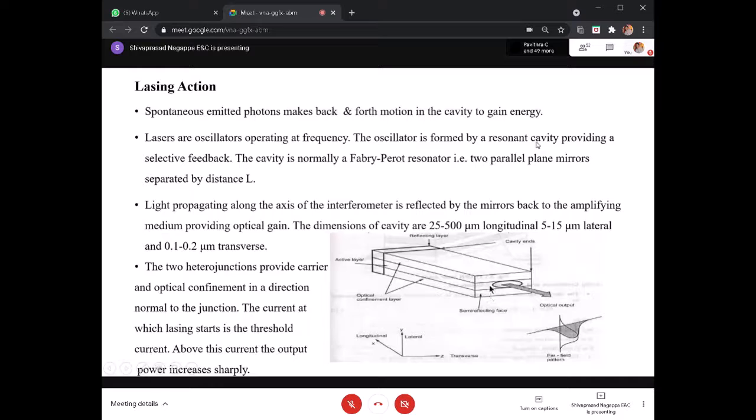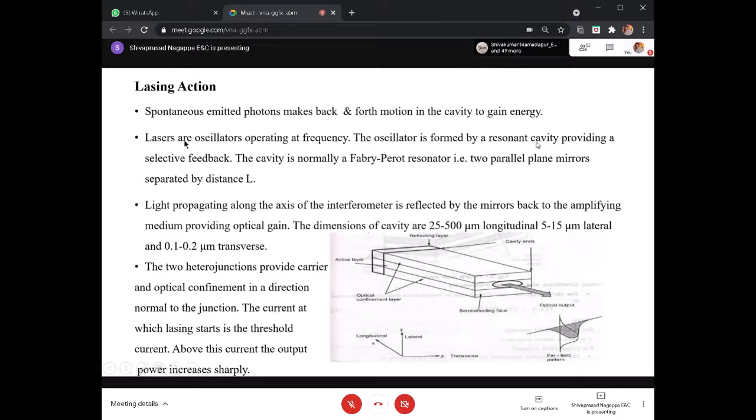This is a PN junction, and in between it will have an active region. The photons which are liberated move back and forth, and in turn generate new photons. Due to which stimulated action is going to be achieved, and with it a gain in energy in the power-current characteristics. I'll tell you how this current increases sharply, that I'll tell you there.